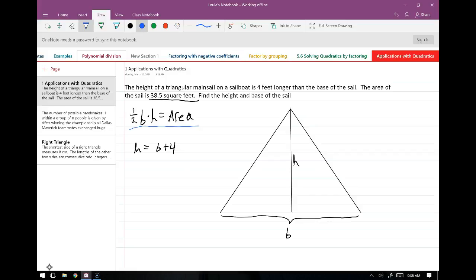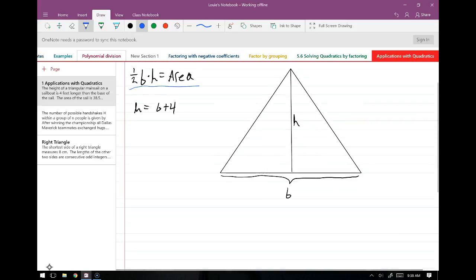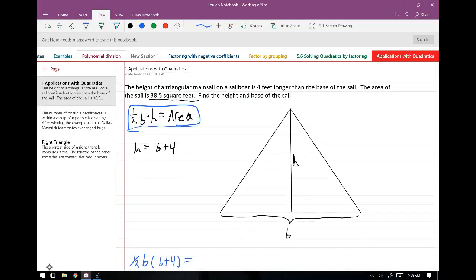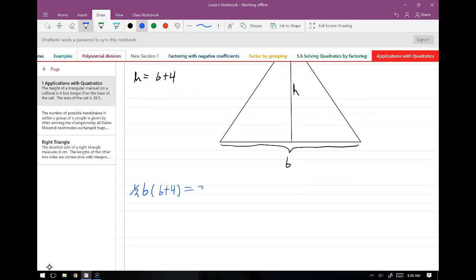And they put everything in terms of B. So what we're going to do is just fill out the area equation for what we know, right? So 1/2 times base, we're just going to use B for base, times the height, which is actually base plus 4. And all that is going to equal the area they've given us, which is 38.5.